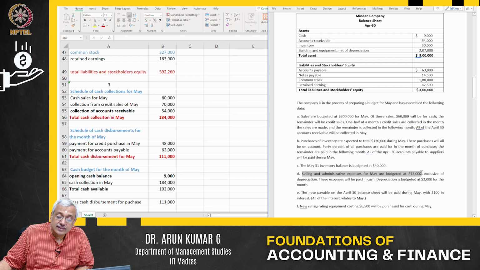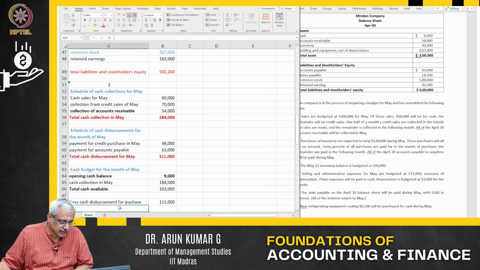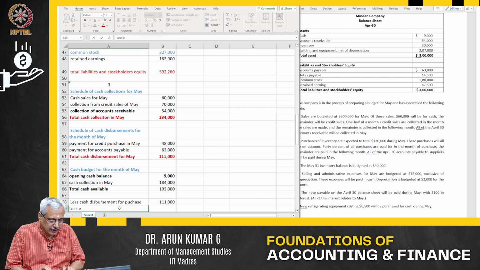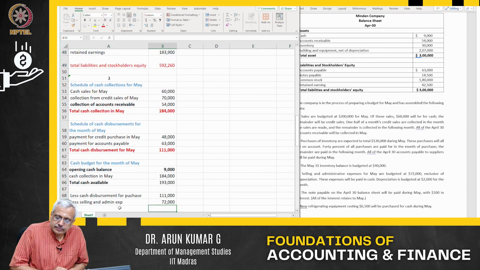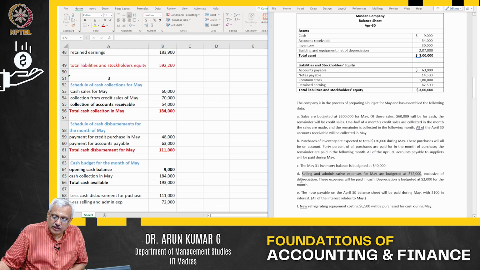Selling and administrative expenditure for the month of May is 72,000. Less selling and administrative expenditure, how much is it? 72,000, exclusive of depreciation. So, 72,000 is the cash outflow.